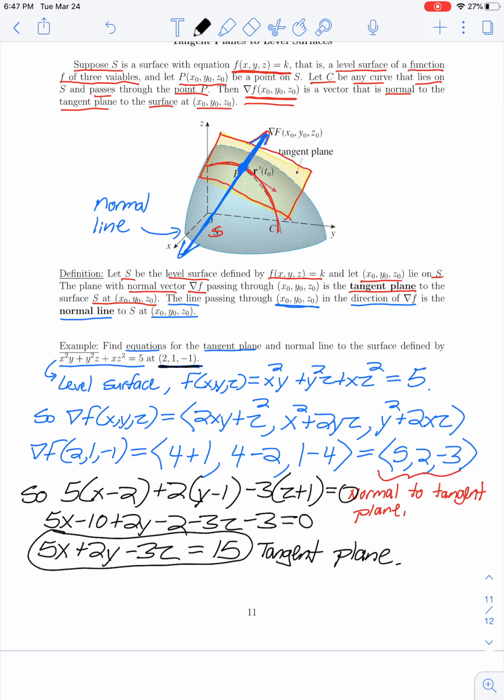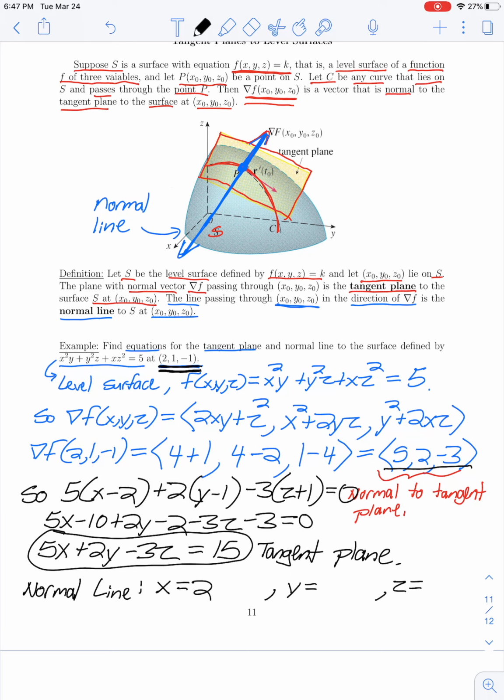Now, this problem also asks us to find the normal line to this surface at the point 2, 1, -1. So for our normal line, we're looking for the line which is passing through the point 2, 1, -1, and is in the direction of this normal vector. So remember, to define a line in 3 dimensions, we need parametric equations for our line. So we are going to have an equation for x, y, and z.